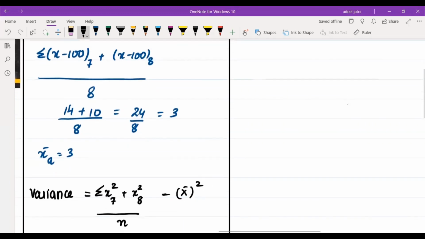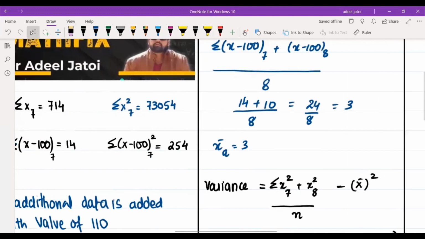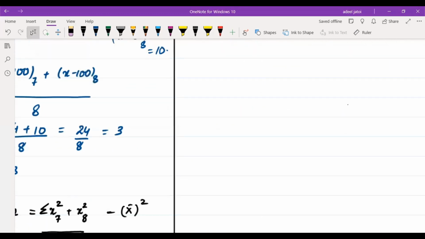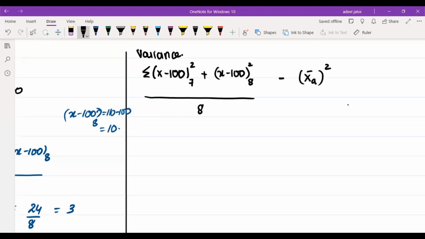The data that we had was 254. So 254 plus 10 square upon 8 minus 3 square.